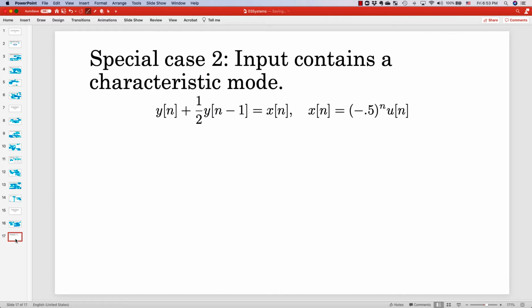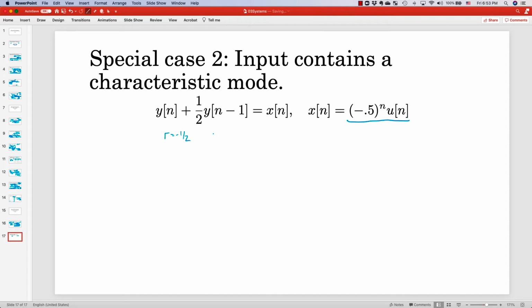The second special case that I want to address is when the forcing function, or the input, contains a characteristic mode. So I am going to take a familiar case here. This is an LTI system whose characteristic mode is -1/2, and I am going to excite it with an input that is (-1/2) to the n. Right?